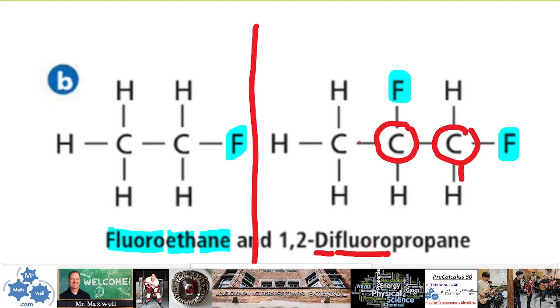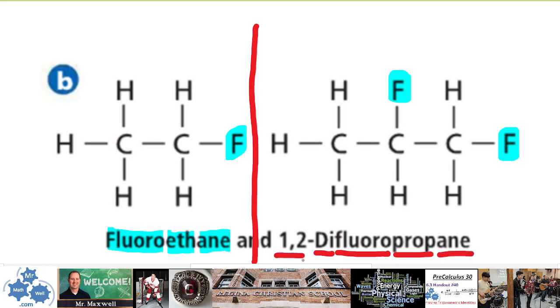Difluoro. We have 3 carbons in total. So meth, eth, prop. All right, so we have prop here. And then we have single bonds only between the carbons, so this is ane.